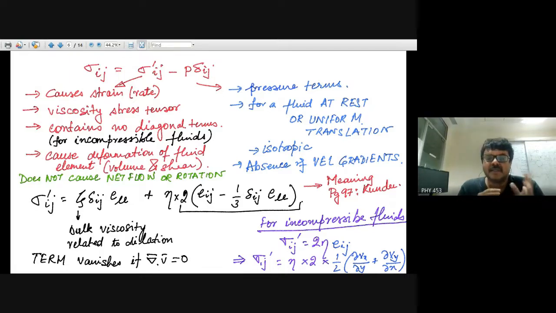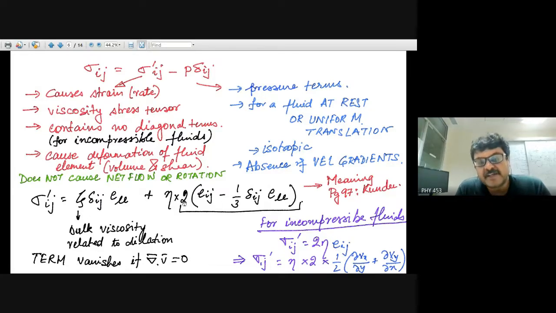But let's look at the simplicity of incompressible fluids, so that divergence V equals 0. Then you immediately know that sigma dash ij is equal to 2 eta, 2 times viscosity, times Eij.